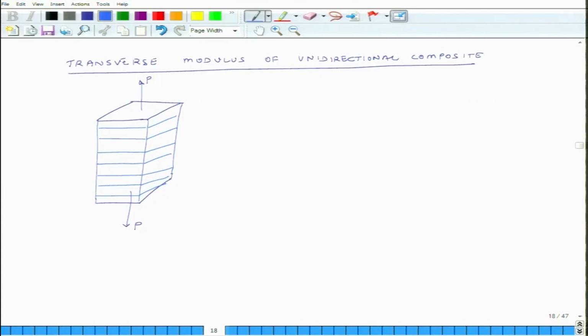Okay. So, here fibers and external load are mutually perpendicular.